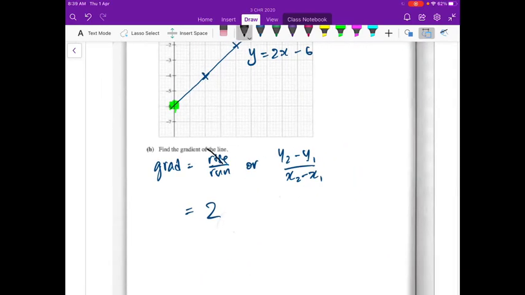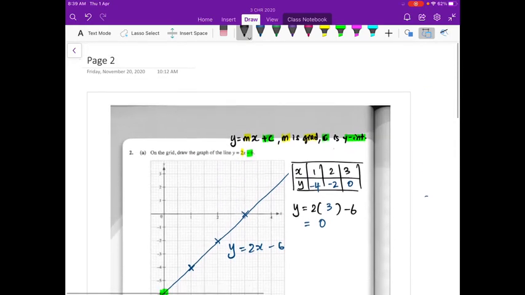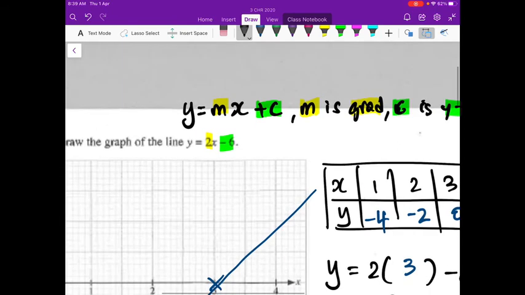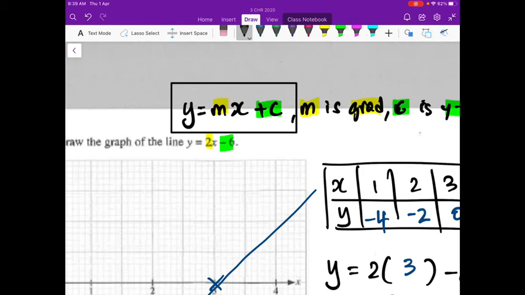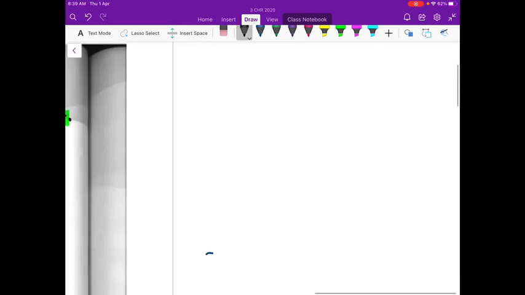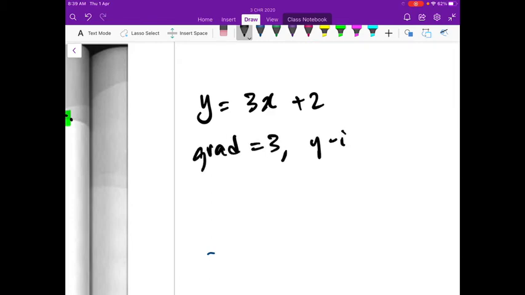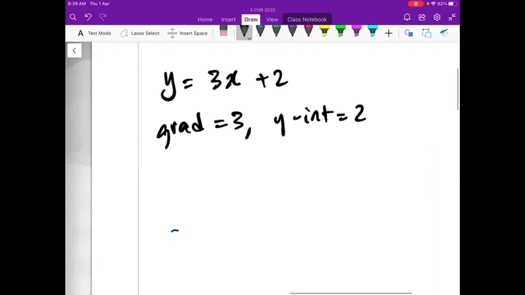We do not need all this. Why did you calculate, is it? You don't understand? y equals mx plus c. This is the format for the equation of a straight line. m is the gradient, always. So when I say y equals 3x plus 2, my gradient equals 3. Y-intercept equals 2. What does the graph look like?